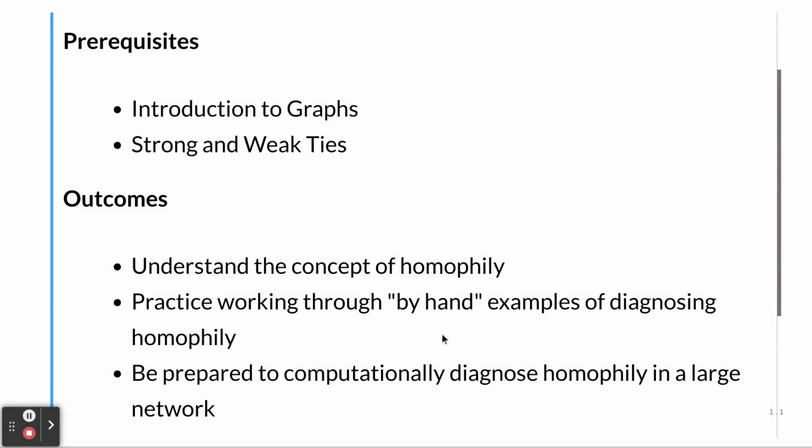After building up our intuitions a little bit, we'll also learn some computational techniques that will allow us to diagnose homophily in a more repeatable and objective way, as well as a way where we can work with larger graphs that are difficult to analyze visually or without the aid of a computer.